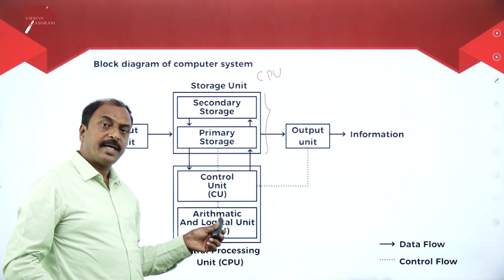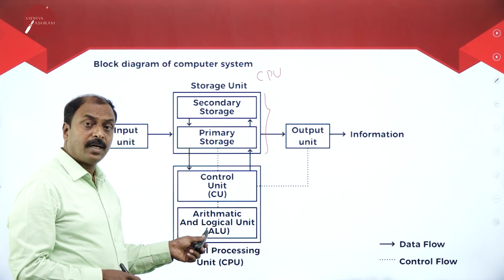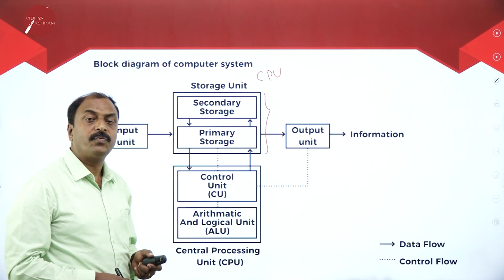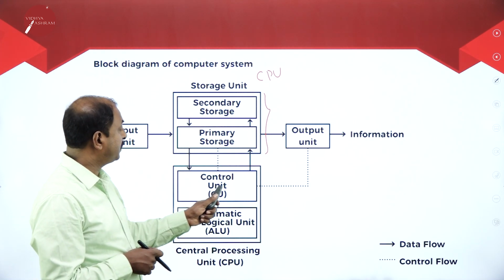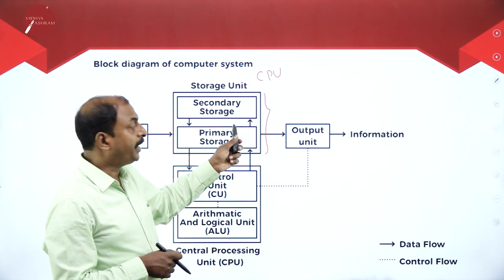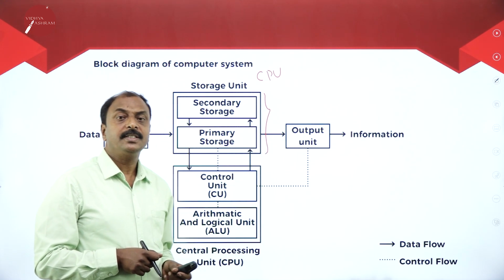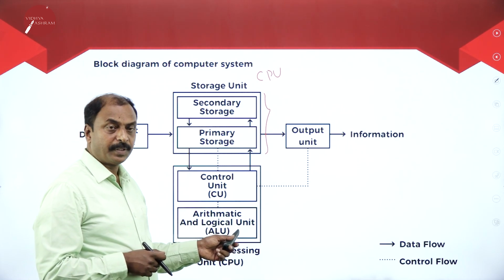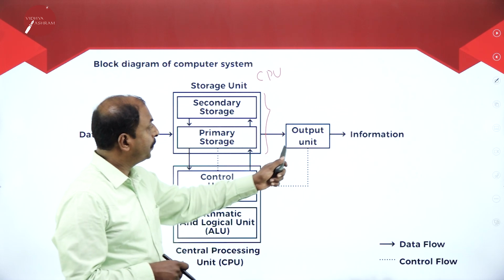Once the calculation has been completed, the data with the result goes back to the computer memory for storage. Then, after the instructions from the CU, or control unit, the output will be displayed on the output unit. Examples of output units are monitor and printer. So the result or information is displayed through output devices.